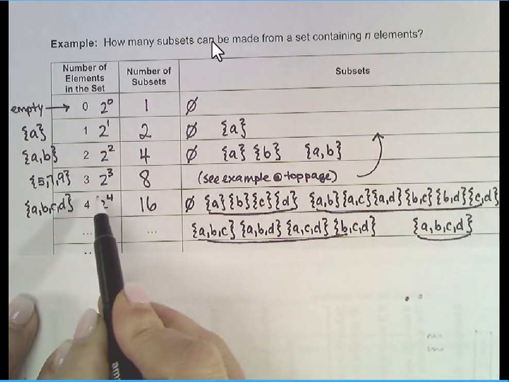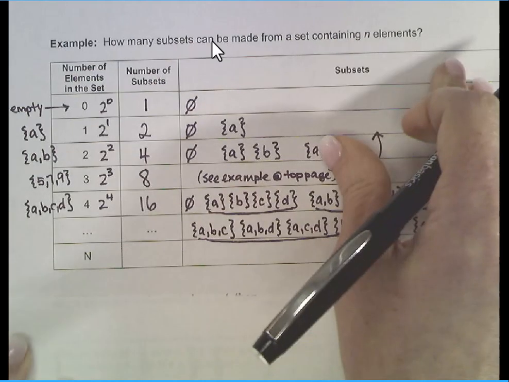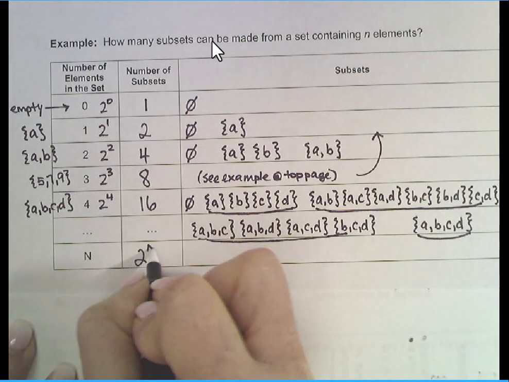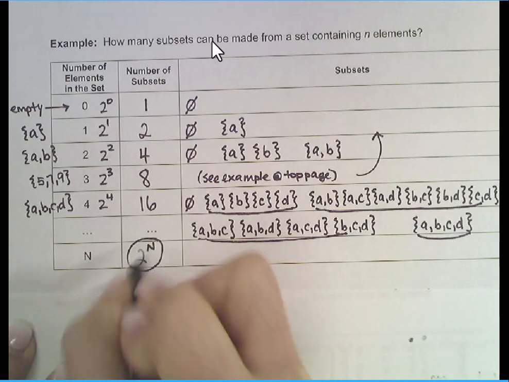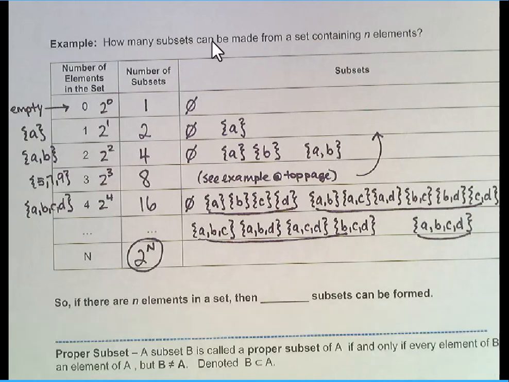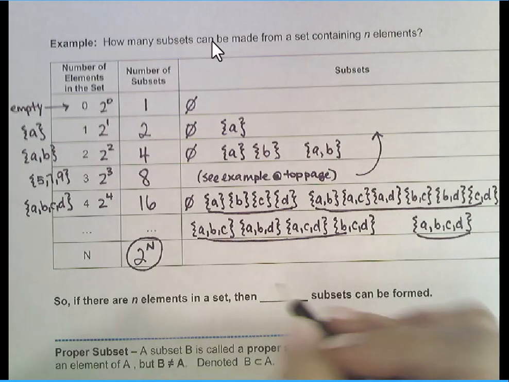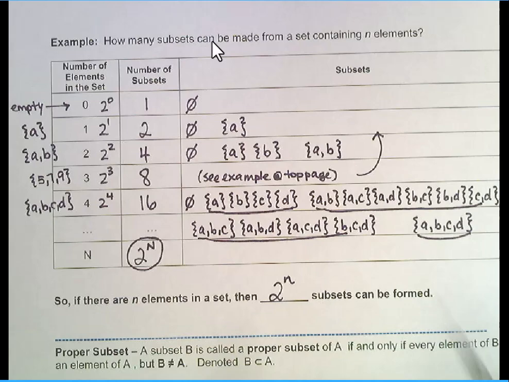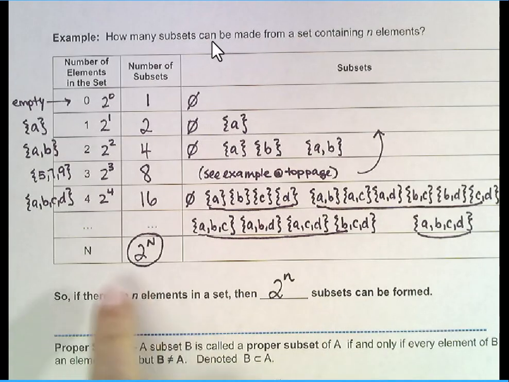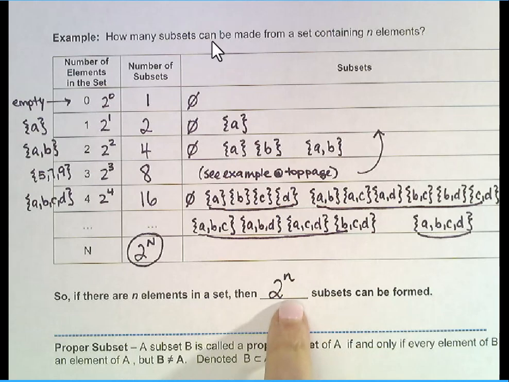So it turns out the number of elements is the exponent. If your number of elements is n, the number of subsets that can be drawn is 2 to the nth power. So if you have n elements in a set, 2 to the n subsets can be formed, and that's definitely something you want to know. So if you have 5 elements, there'd be 32 subsets that could be formed, because 2 to the 5th would be 32.